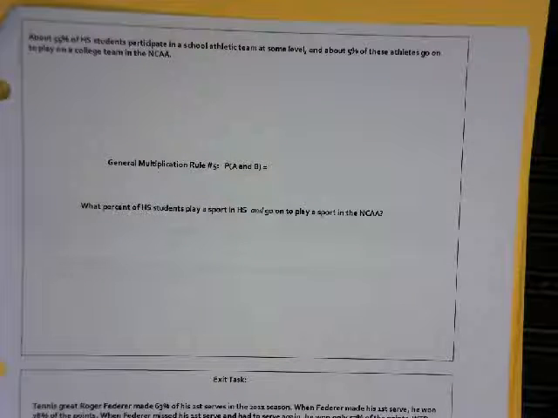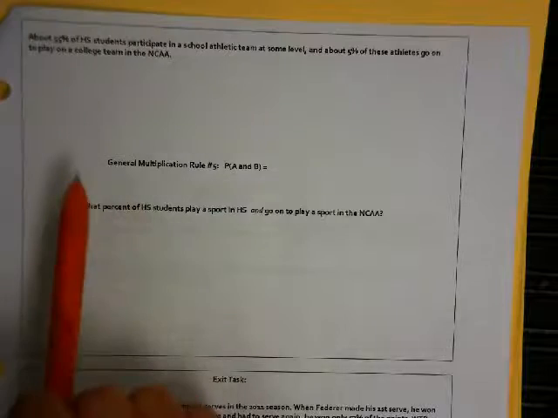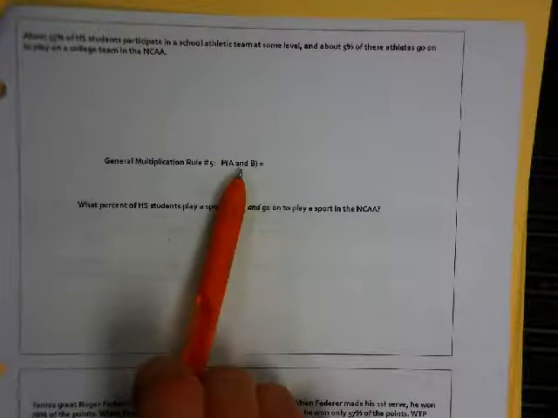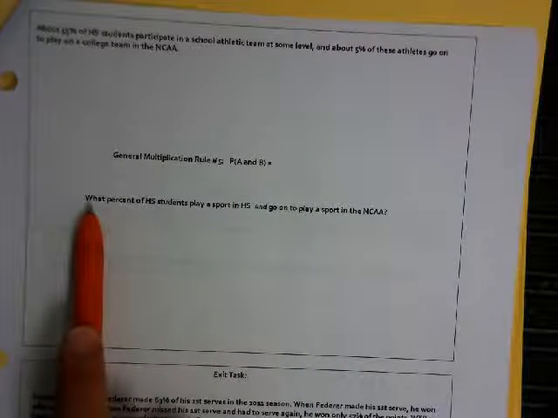So on this one, it tells us that about 55% of high school students participate in a school athletic team at some level. And about 5% of those athletes go on to play on a college team in the NCAA. I'm going to show you how to get the general multiplication rule so that we can answer the question, what percent of high school students play a sport in high school and then go on to play a sport in the NCAA.